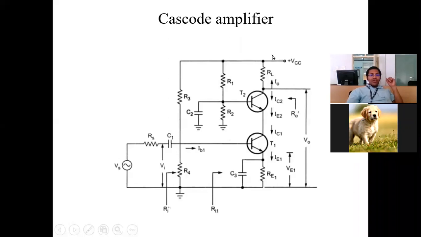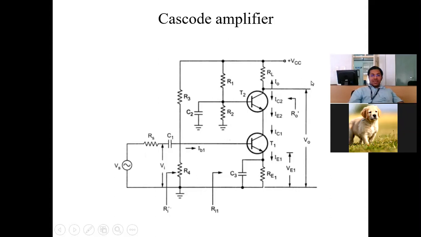Because for AC equivalent, this terminal is grounded, RL simply comes across the terminals of V0. That is why it is called load resistor. Sir, this is collector terminal, why are you writing RL? Because for AC equivalent, the AC voltage is directly appearing here, this RL is appearing across V0.